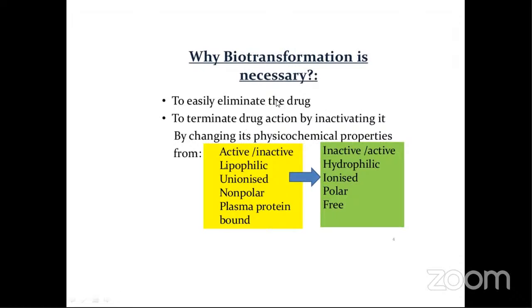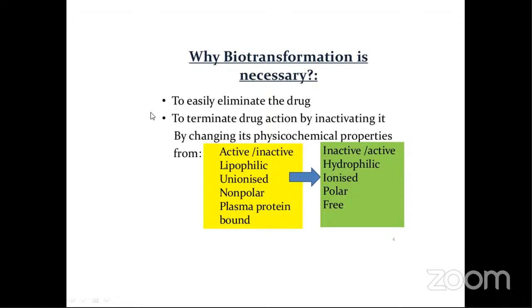Next, to terminate drug action by inactivating it. So how to terminate the action? Suppose the drug is giving long duration of action followed by toxicity. So you have to terminate the drug action by inactivating it, by some enzymatic process that is called biotransformation.